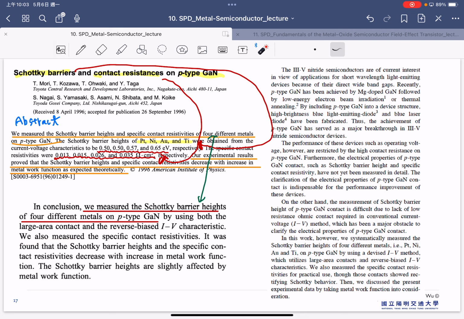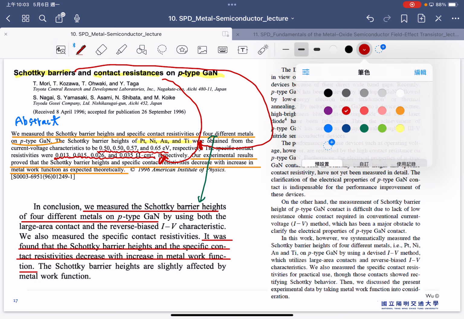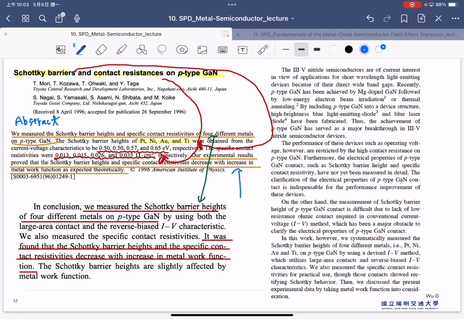And the conclusion here is that the Schottky barrier height and the specific contact resistance decrease with the increase in metal work function. Now you see, these sentences are exactly the same as mentioned in the abstract.